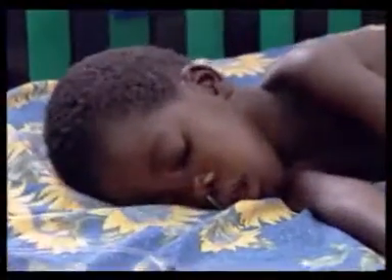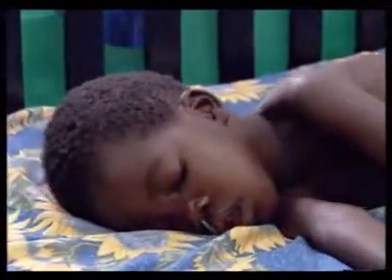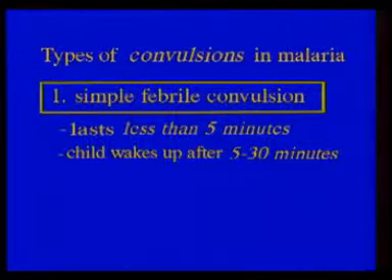Convulsions, seizures, are common when malaria affects the brain. In a young child with high fever, a convulsion may simply be due to high fever, a febrile convulsion that lasts a few minutes. The child usually regains consciousness within half an hour or less.